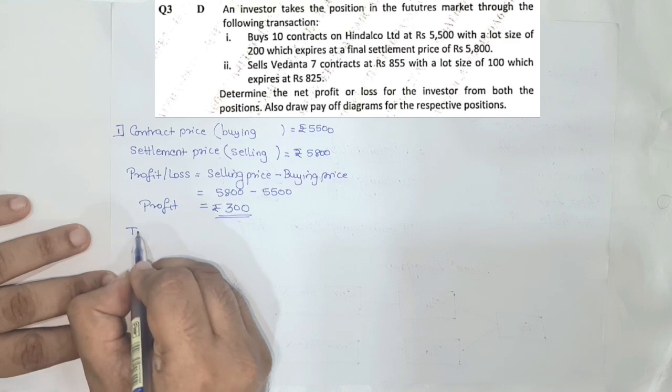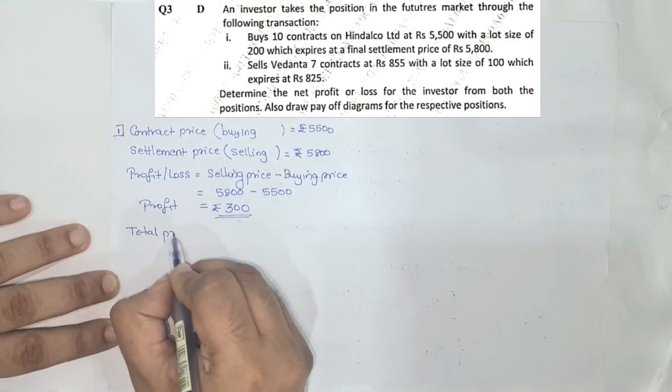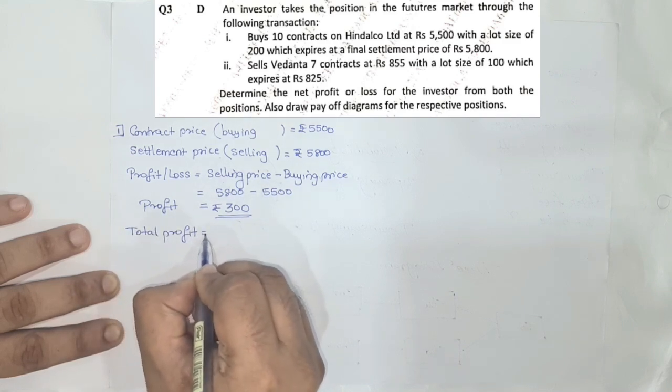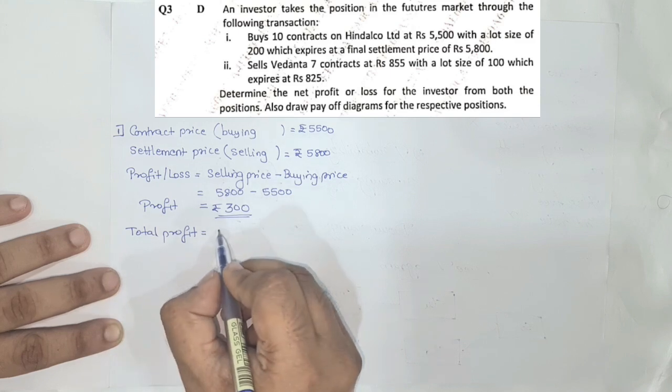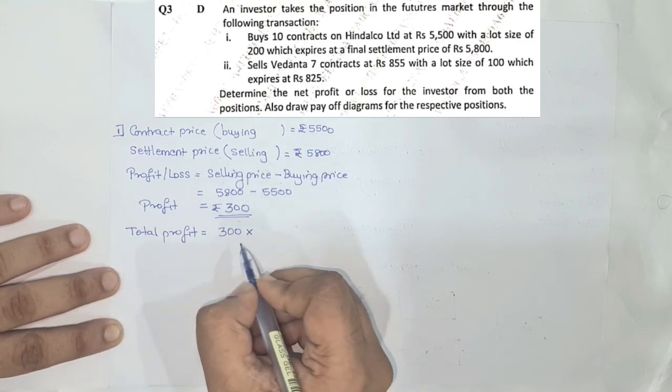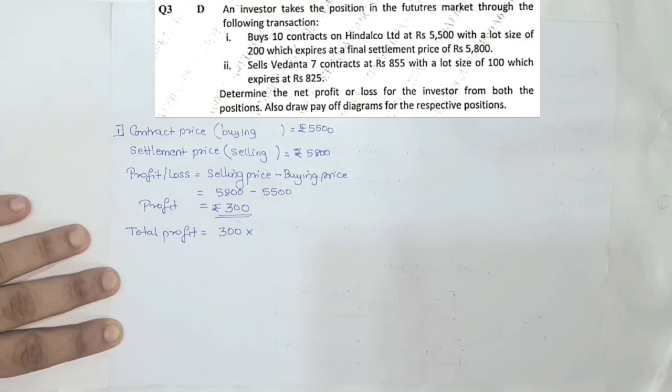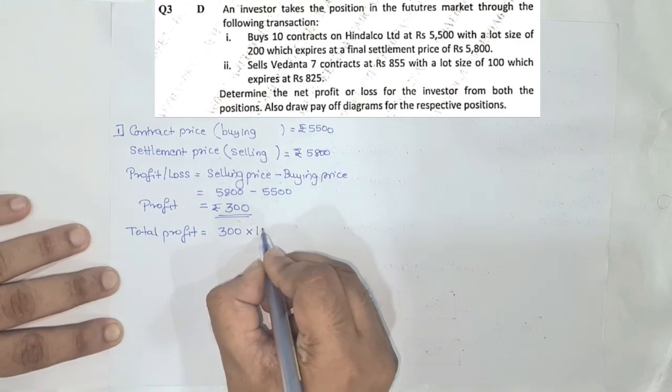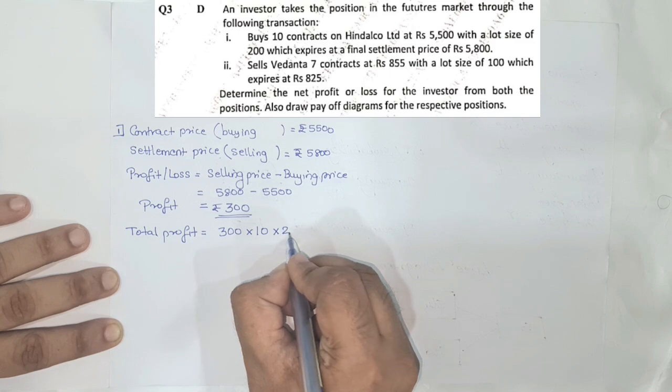Now we need to find the total profit. Total profit is equal to the profit that we got per lot, per contract, 300, into the total number of contracts. Here it is given that the investor buys 10 contracts and the lot size of each contract is 200.